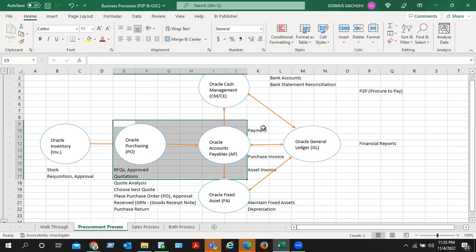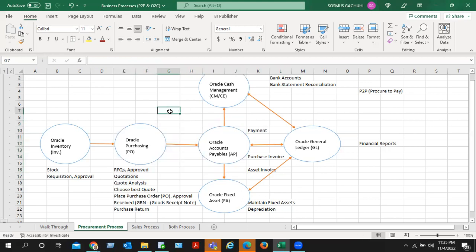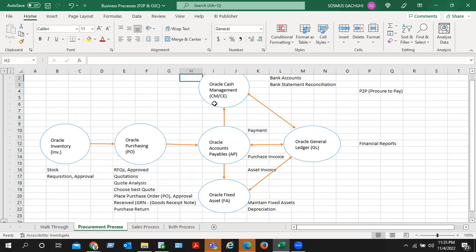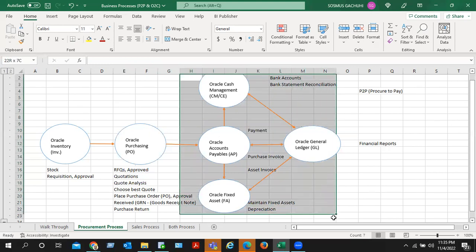But in all, these are supply chain applications, and on the other side, these are financial applications.